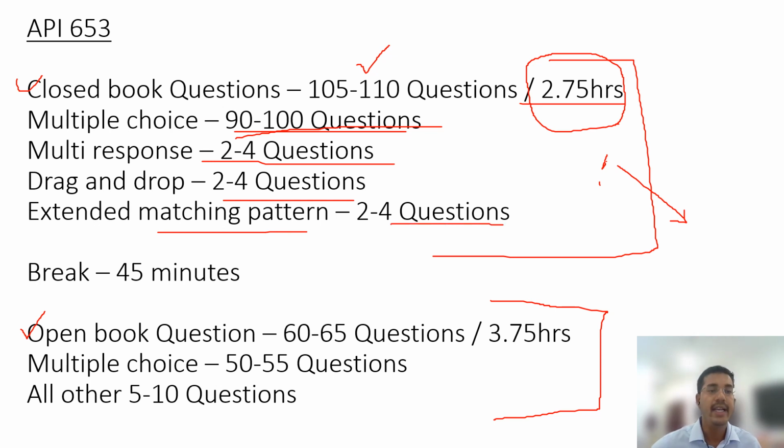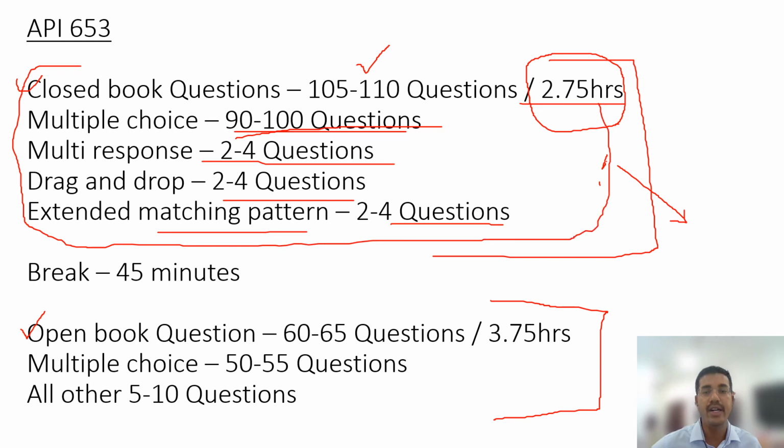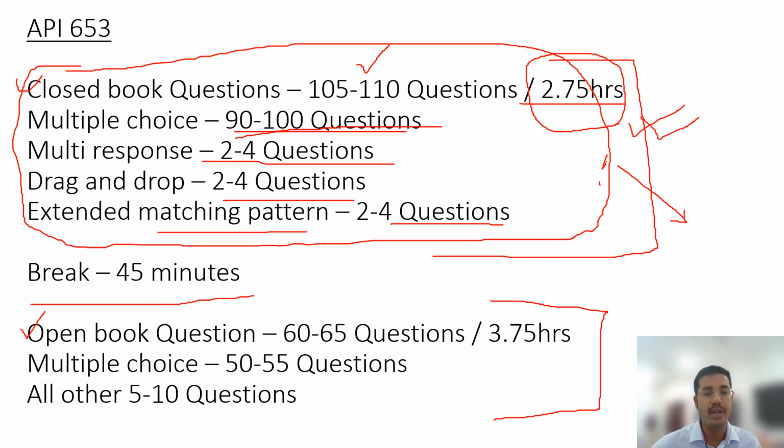In closed book questions, there are a total of 105 to 110 questions and the duration is 2 hours 45 minutes. After you complete the closed book questions, there is a break for 45 minutes.